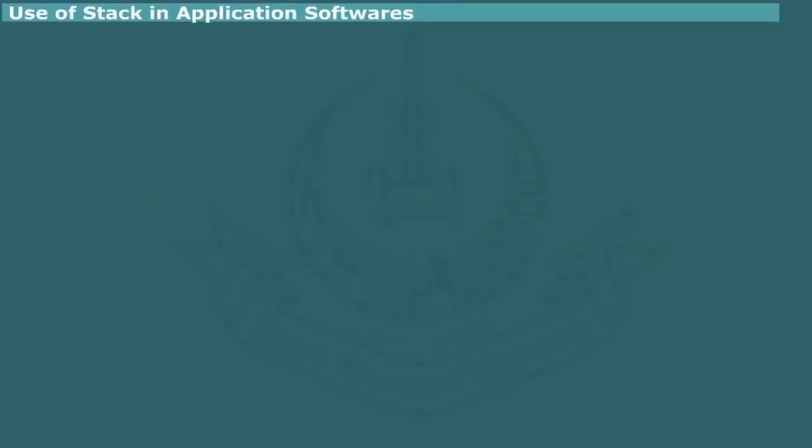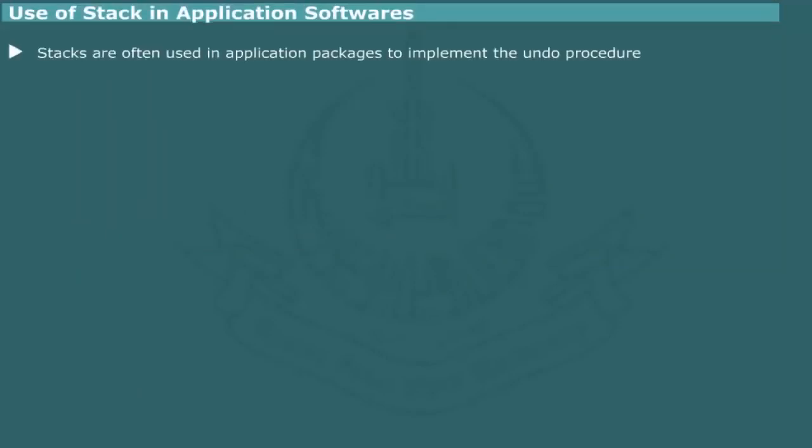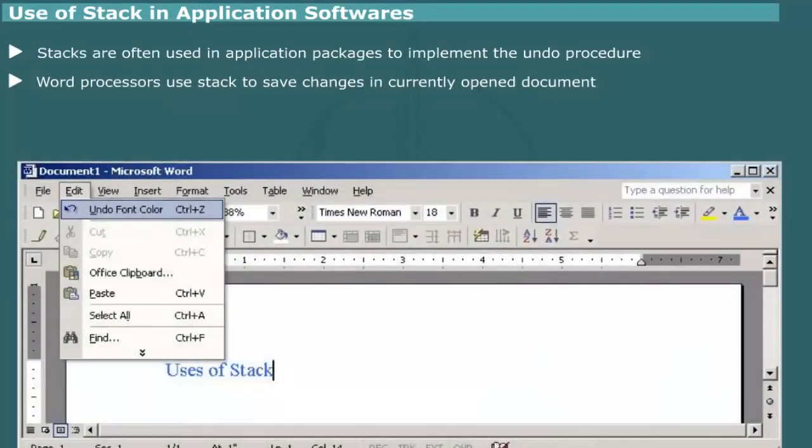Use of stack in application software. Stacks are commonly used in the implementation of several application packages. Current generation desktop applications such as word processing, spreadsheets, graphics, and image processing include a feature to cancel any previous processing steps.